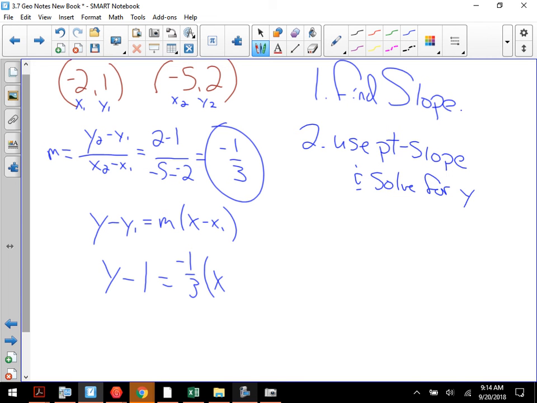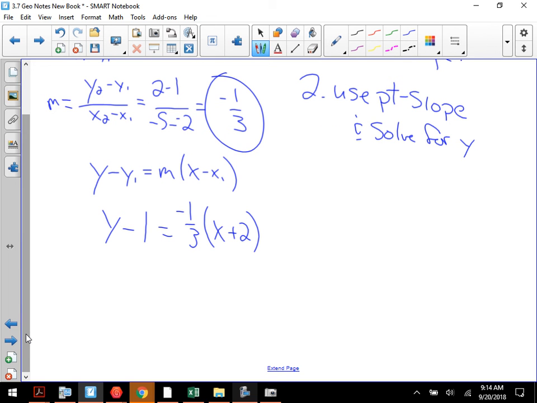Minus a negative 2 becomes a plus 2. Distribute out your negative 1/3. You have negative 1/3 x minus 2/3.